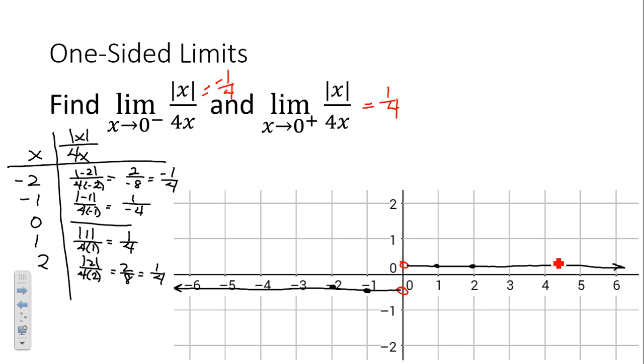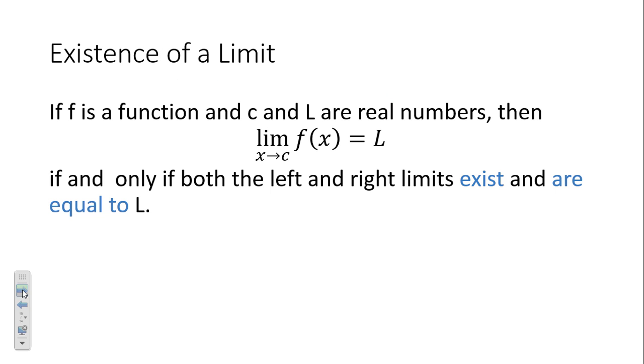Make sense? Okay, so nothing specifically new. We've been doing this for a few days now, since last week, but we have new notation here. Okay, so questions on this one? All right, so one more time to formally present it. A limit exists if and only if both the left and the right behavior converge on the same number.